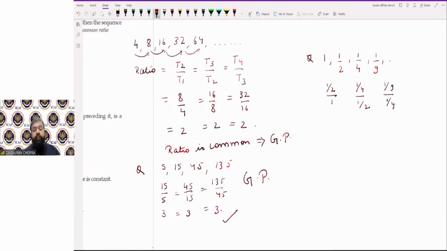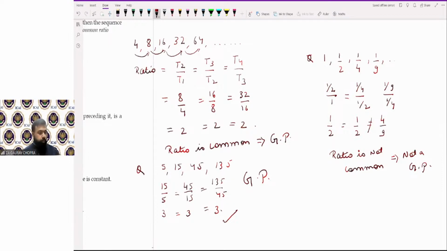Now, this time you can see that first of all we are getting half, then second also we are getting half, but in the third case we are getting 4 upon 9. So it is not equal. So since the ratio is not common, it is not a GP. तो फिर ये आपका GP नहीं है.